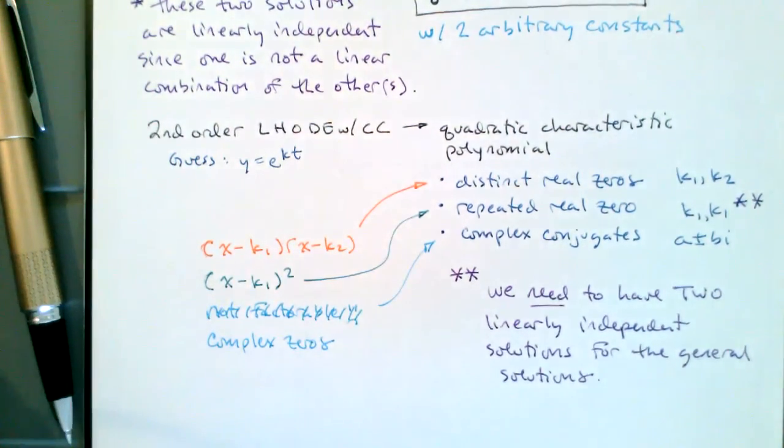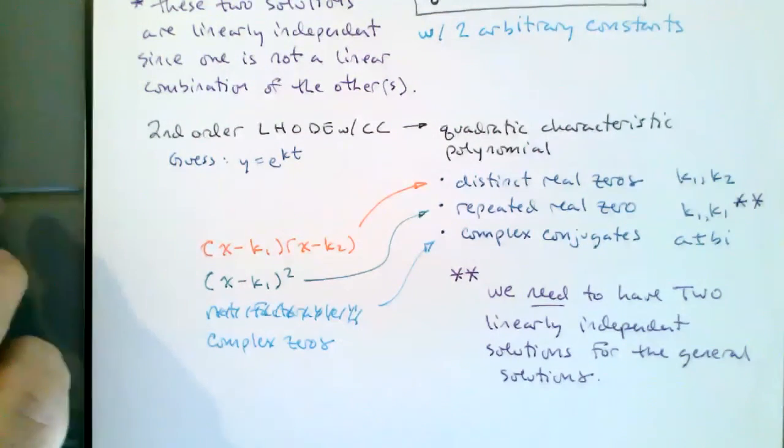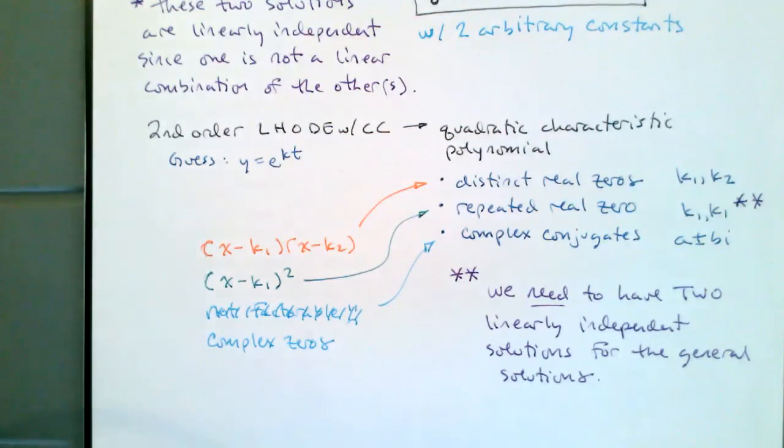So that changes how we view this. Now that's not just an observation, that's a mandate. We need to have two linearly independent solutions to build the general solution.